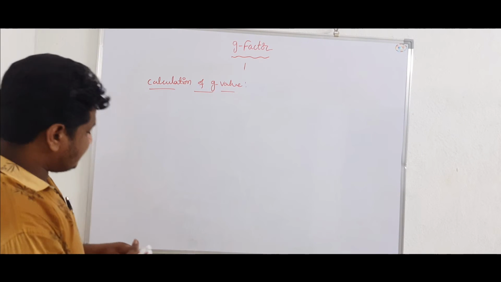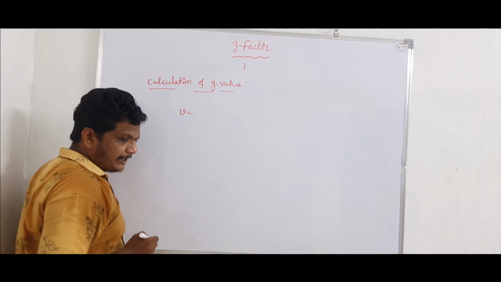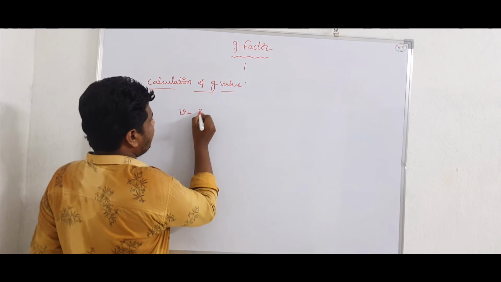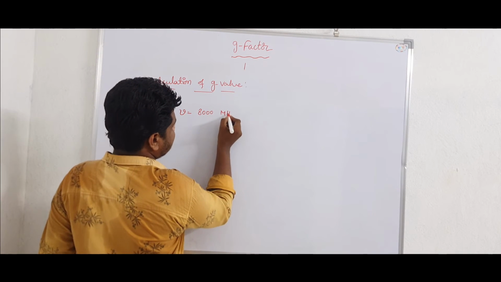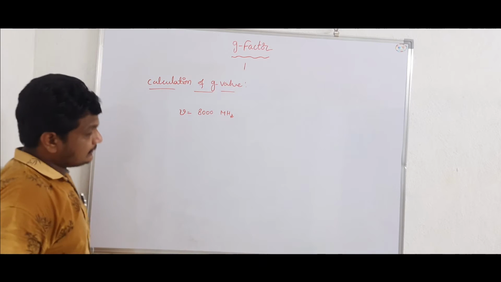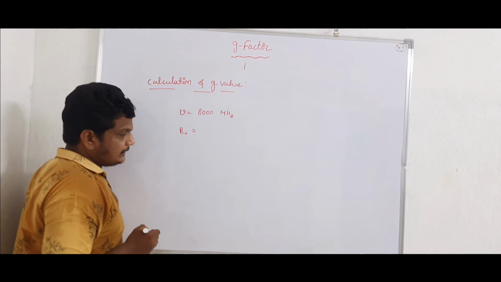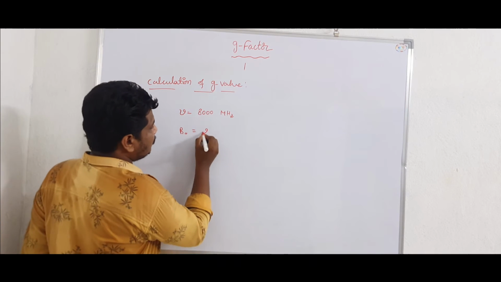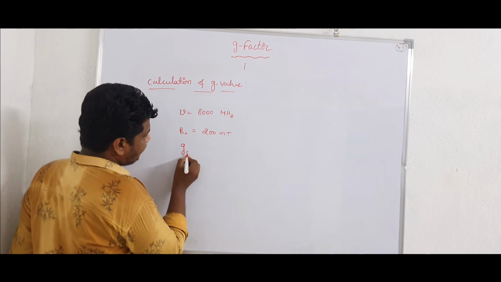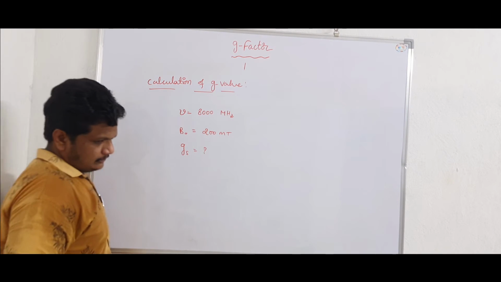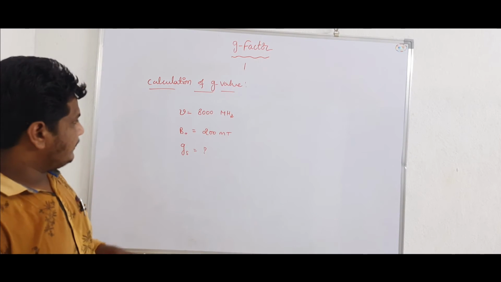Let us consider that they are given the frequency of the electromagnetic radiation, that is 8,000 megahertz, and they have also given the applied magnetic field, that is B naught is equal to 200 milli Tesla. They are asking the value of g_s, that is the G factor.